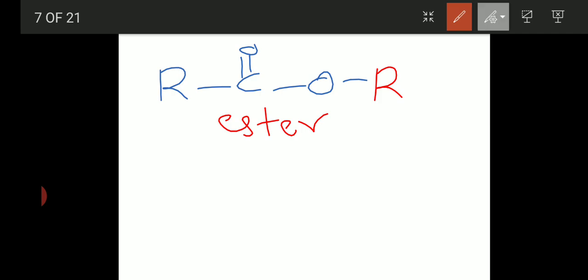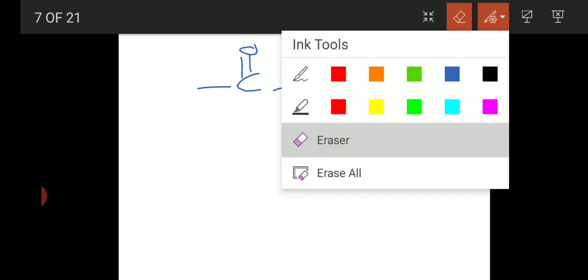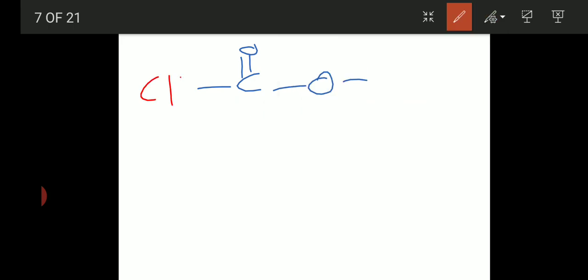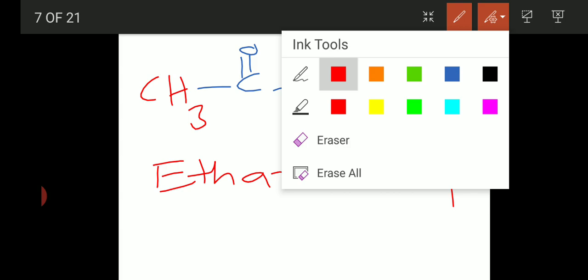Okay, for example, we take the acid CH3COOH. What is this? Ethanoic acid. 2 carbons are there, no? That's why ethanoic acid. Now in ethanoic acid, by replacing H with any R, I take again CH3 only.